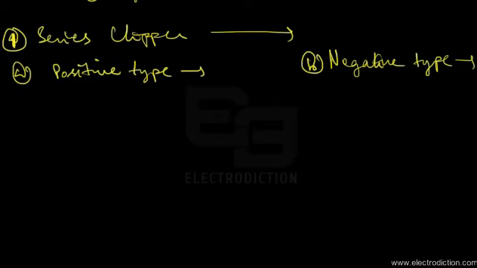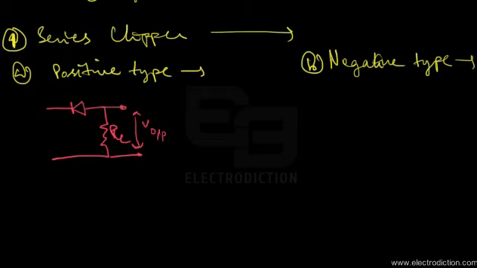In the positive series type clipper, the circuit looks something like this. This is the load resistance, and across this we obtain the output voltage.